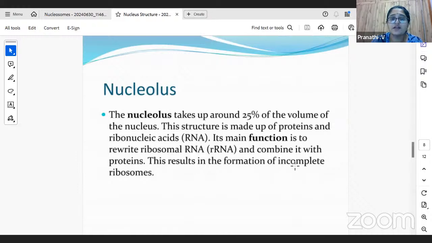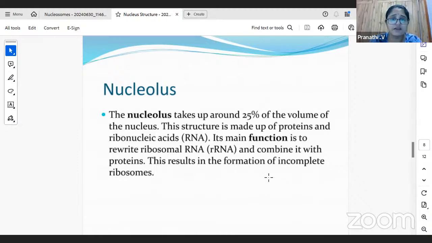And the nucleolus: within the nucleus you have nucleoplasm, the chromatin network and the nucleolus. So it occupies around a quarter of the nucleus. What is it made up of? Again, proteins and ribonucleic acids. This is the sole reason that everywhere within our body we have a lot of proteins, and that is also one of the reasons why we need more proteins to maintain our health.